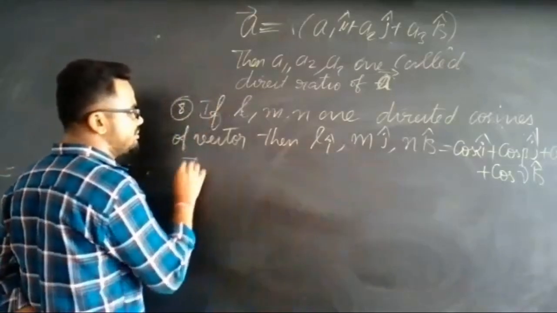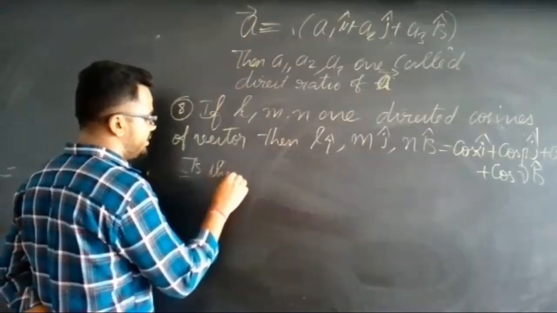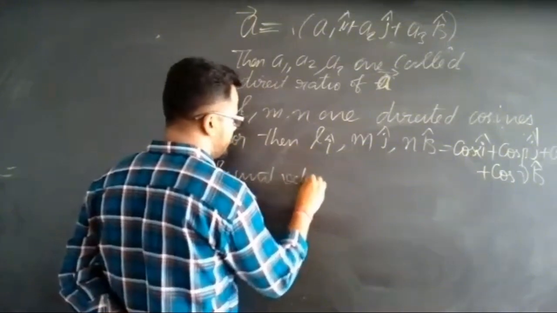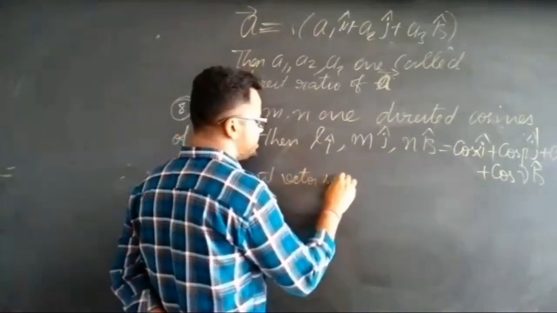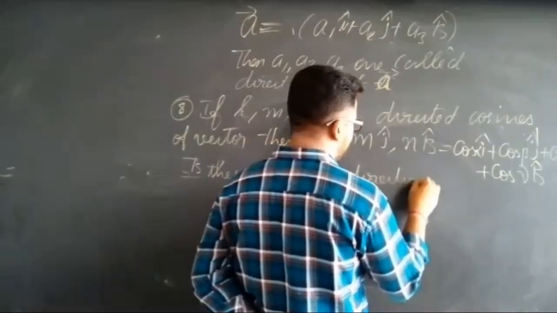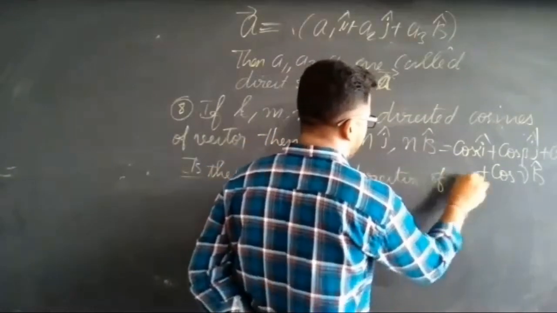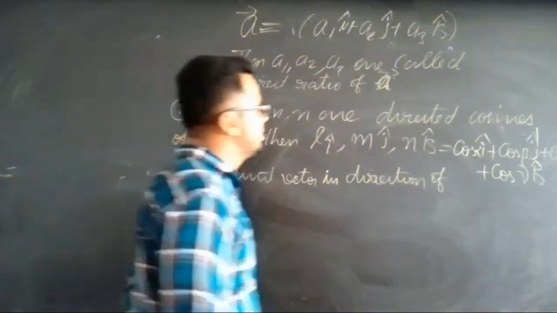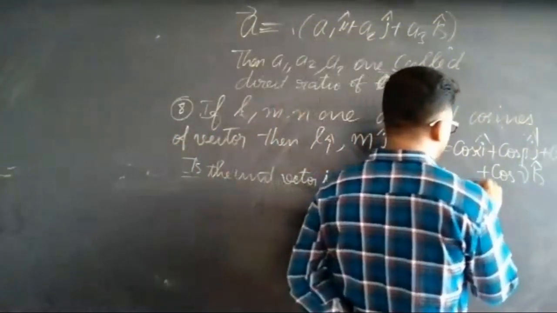This is a unit vector in the direction of the vector. Last note, next we shall go to problems. Very simple, guys.